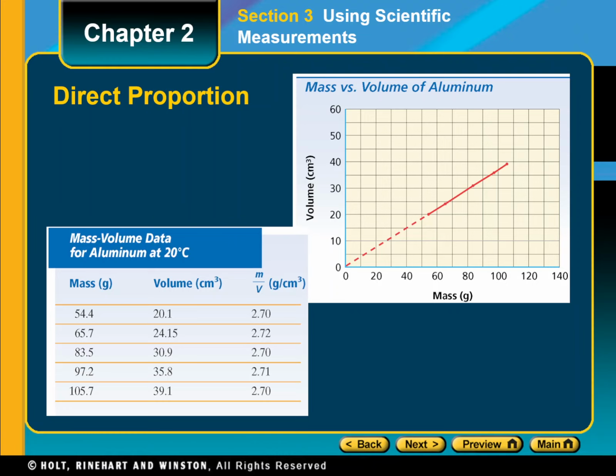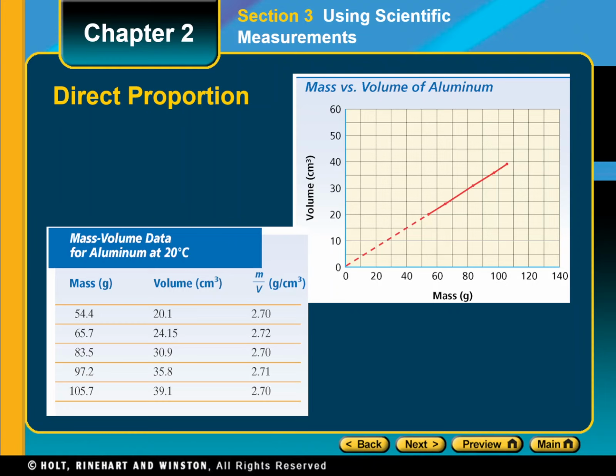The equation that was on the bottom left of your screen on the previous slide shows that there is a constant ratio between the values of the two quantities as long as they are directly proportional. Note that the data in the table have ratios that are nearly equal, indicating a relationship that is directly proportional.